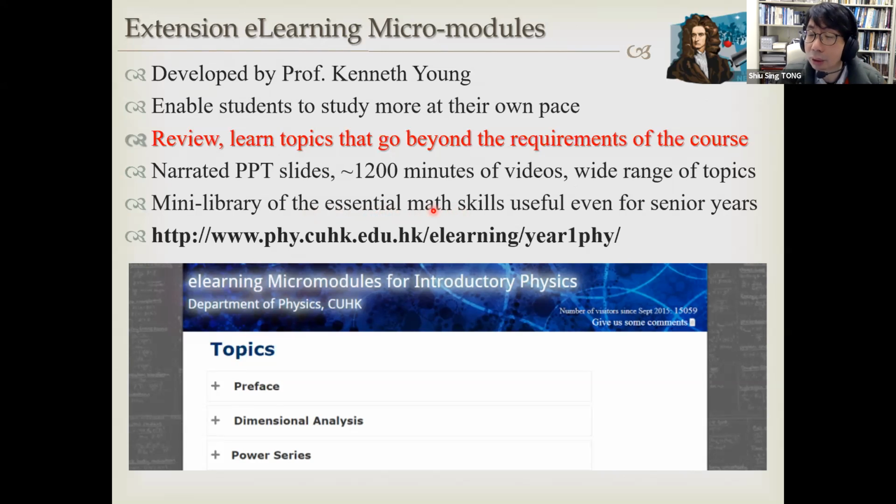Even when you are in year 3 or year 4, when you forget some important mathematical skills, you can always use this mini library to refresh your memory. They provide convenient links for you to just click on the link and see the topic in great detail. So this is an essential library for you to review your mathematical skills.